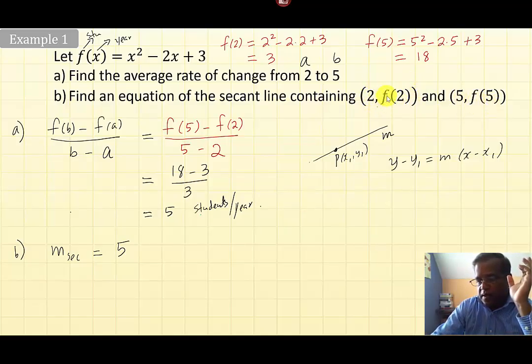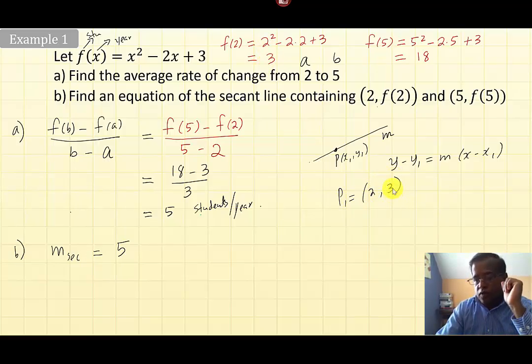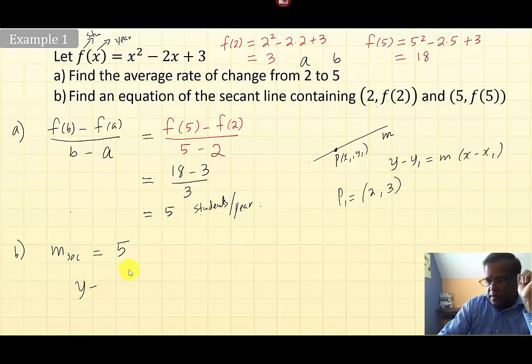So we have the point (2, f(2)), and f(2) is equal to 3. So this is one of the points we have, and we can use that in this formula. So you get y minus 3 equals 5, since m is 5, times x minus x1, which is 2.